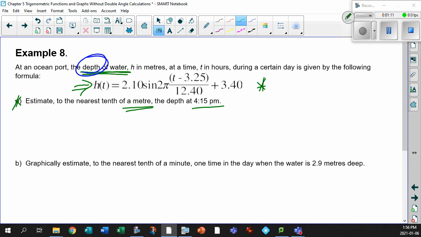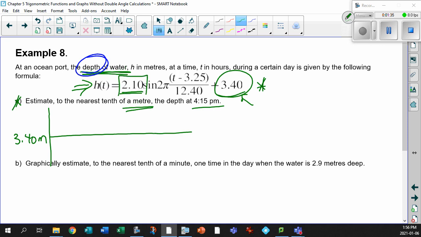Real simple, folks. Let's graph it. Before we graph it, though, maybe we should set this up a little bit. Notice that my D value, my average in here, is 3.40 meters. And there's my amplitude.